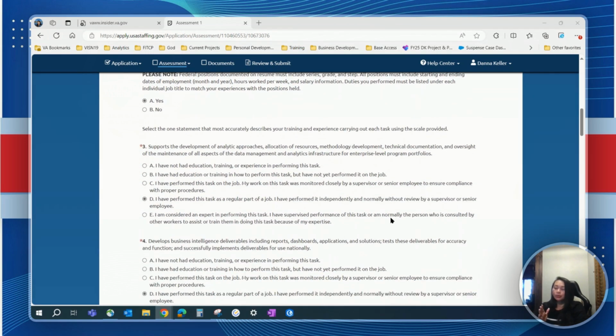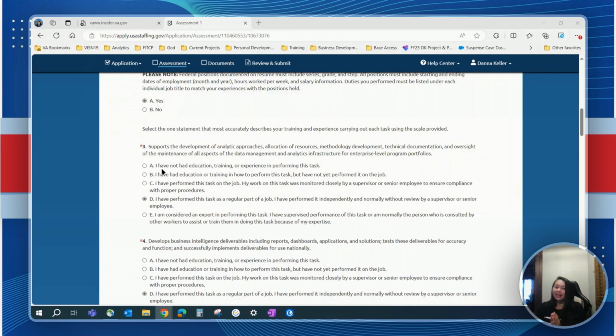But as we go through the questions, it's basically outlining what they're looking for in the position. It grades your skill set. Like, are you not performing the job that the question is asking about, or are you closely supervised, or are you doing it independently, or are you considered an expert?